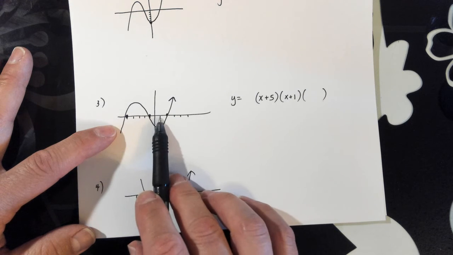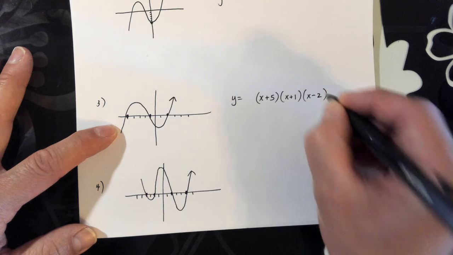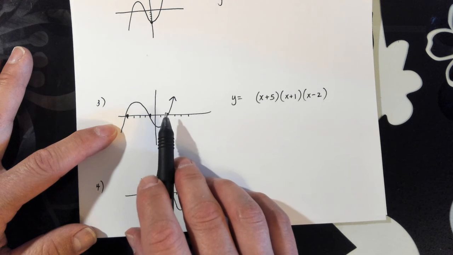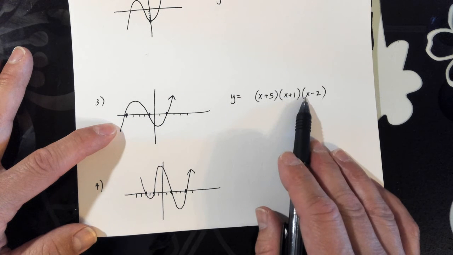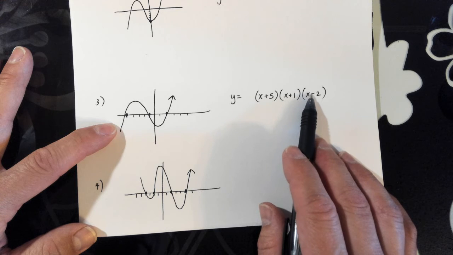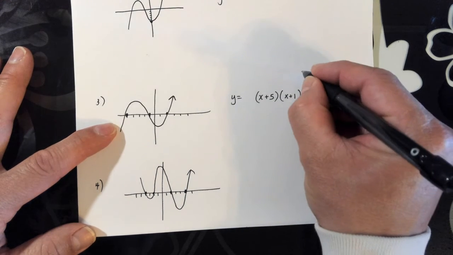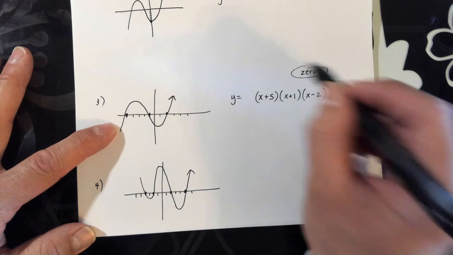And then that is a positive 2, so this factor must be x minus 2. Again, if x is 2, you plug that in right there for the x. You'd get 2 minus 2, which equals 0. You want it to equal 0. Probably the most important number in math.